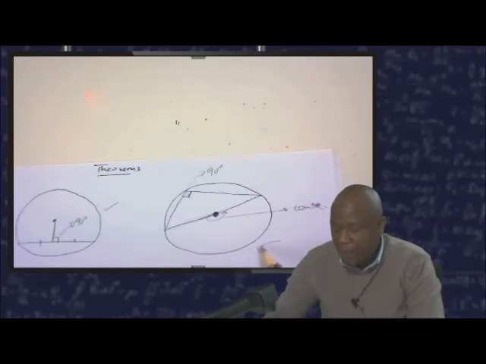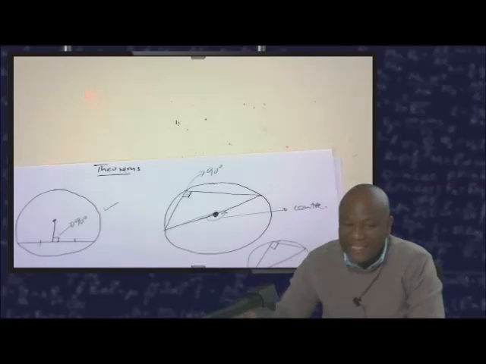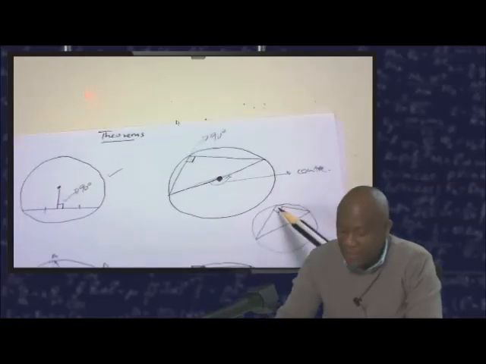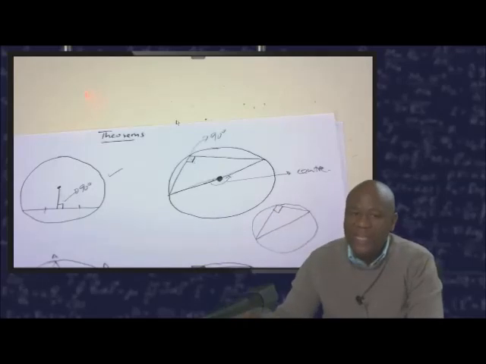But you need to be aware that if you have a circle like this, and you are told that that angle on the circumference is 90 degrees, what does that mean?